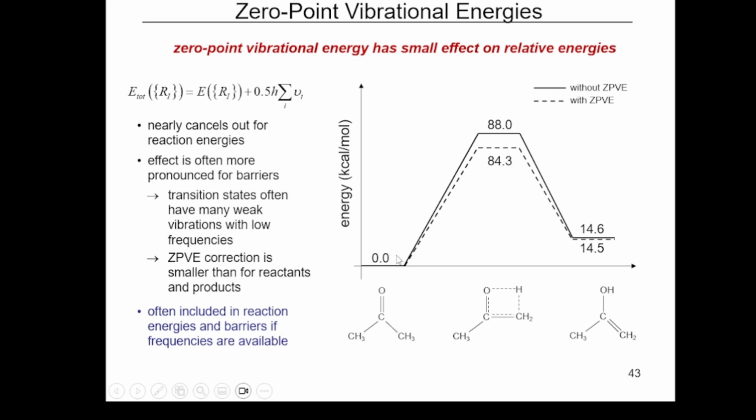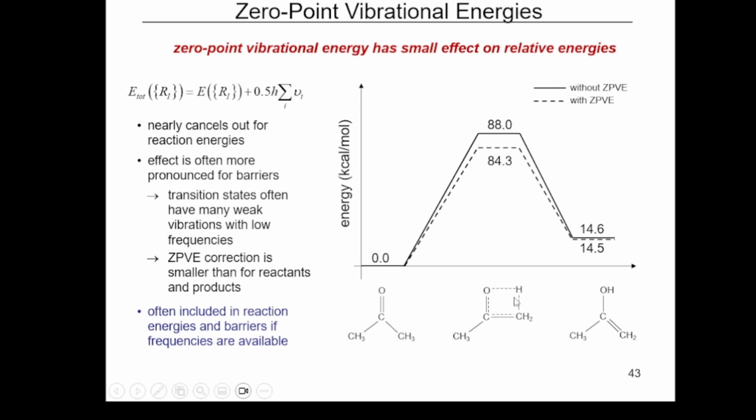These effects nearly cancel out for reaction energies, because the effect of zero-point vibrational correction on this minimum is the same as the effect on this minimum. So at the end, there is no effect on the energy of reaction, but the effect is more pronounced for barriers, because transition states often have weak vibrations with low frequencies.